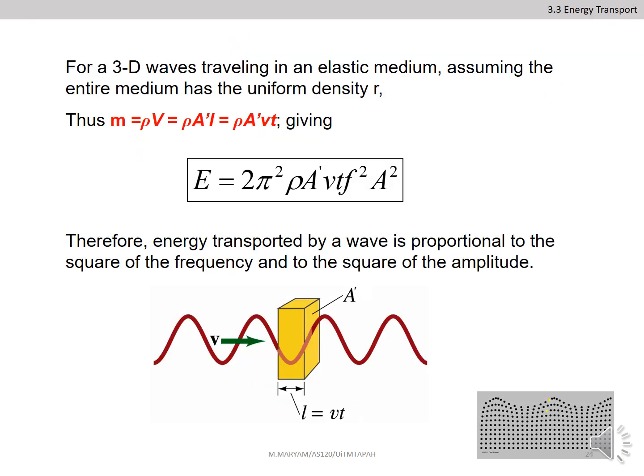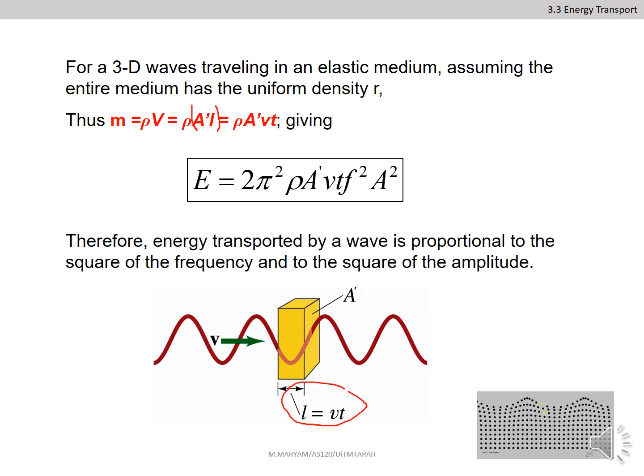For a 3D wave traveling in an elastic medium, assuming the entire medium has uniform density rho, let's have a look. M is equal to rho V, where rho is the density and V is the volume, equal to rho A prime times L. A prime represents the area.